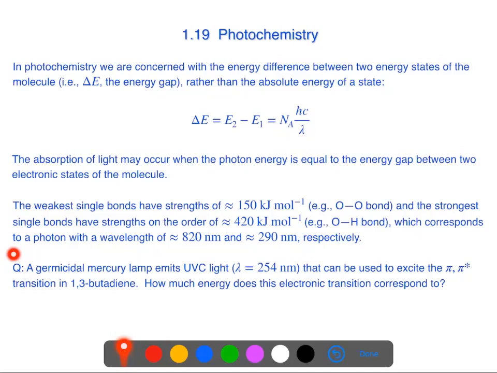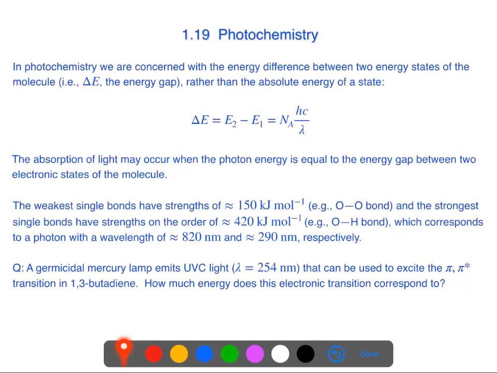So here's a question. If a germicidal mercury lamp emits UVC light at a wavelength of 254 nanometers, and if this lamp can be used to excite an electronic transition between the pi and the pi star of 1,3-butadiene, how much energy does this electronic transition correspond to?